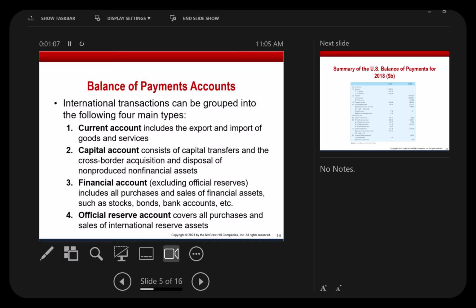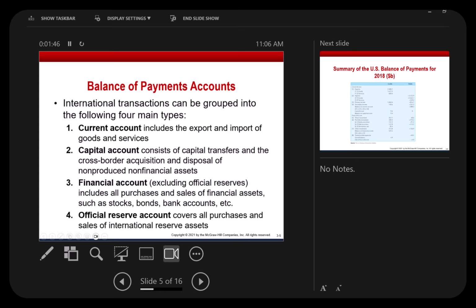Now, in terms of accounts, the accounting for balance of payments is a little bit different than regular accounting. It's more like a cash accounting. There is still double entry bookkeeping, but it's not the accruals that matters. The reason we keep balance of payments accounts is to figure out what sort of imports and exports of goods and services a country has.